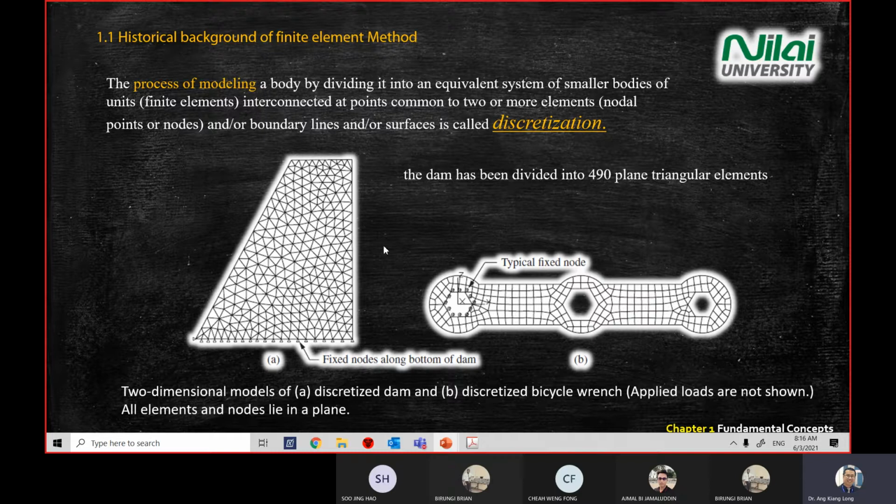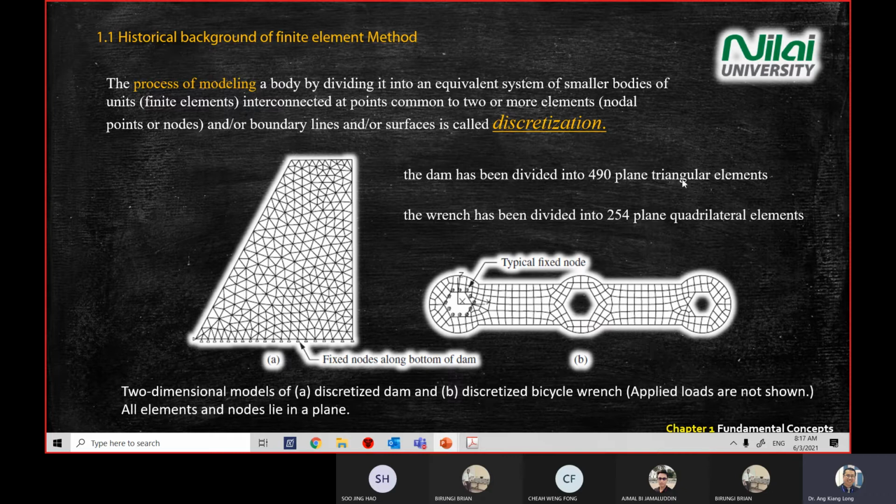So you can see here on the left-hand side, the water dam structure was broken into 490 triangular elements. The device that you see on the right-hand side of your screen here is a wedge that is divided into 254 elements, and the elements are in the shape of quadrilateral elements.